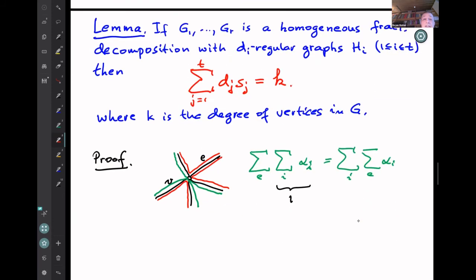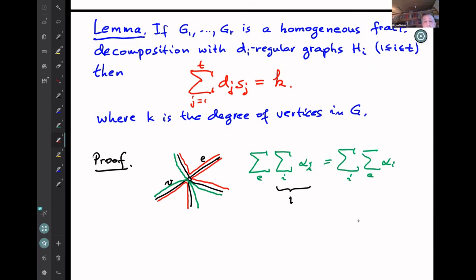Now, if you have such a homogeneous fractional decomposition, where d sub j is the degree of the jth graph, then it turns out if you go over j equals 1 up to t, over H1 up to Ht, these numbers S sub j that were part of the definition of the homogeneous fractional decomposition give us this formula.